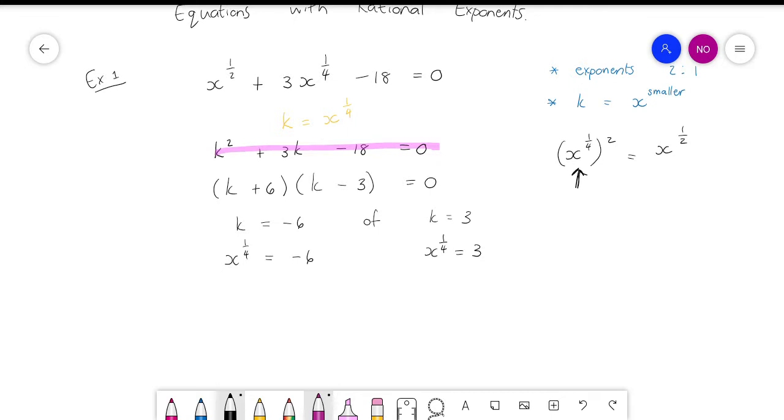So I'm doing this, but the opposite. So what did we do? We factorized. And then we substituted the x back.